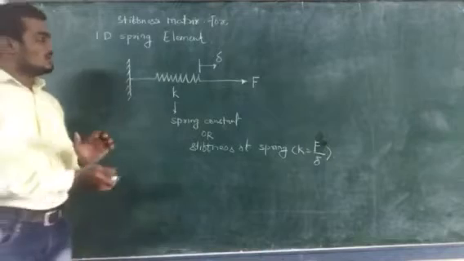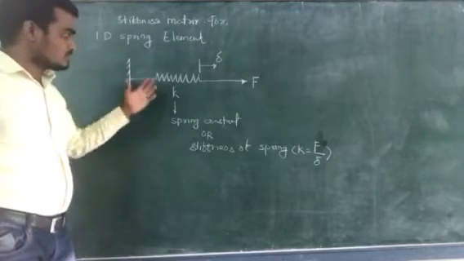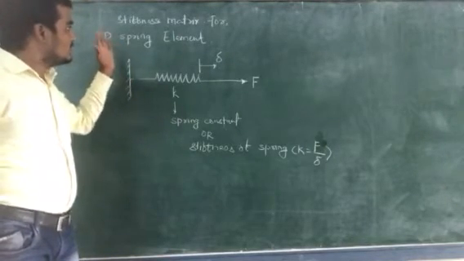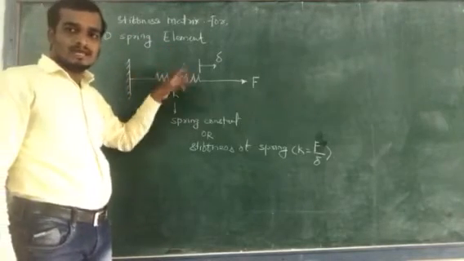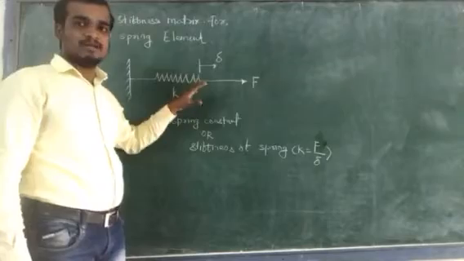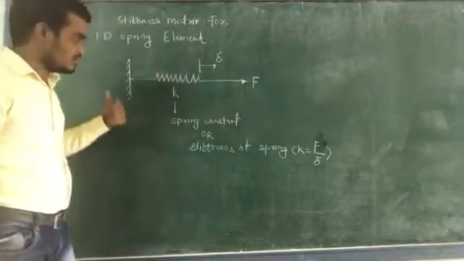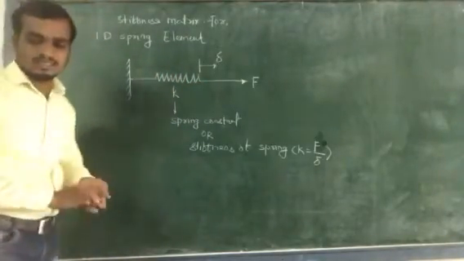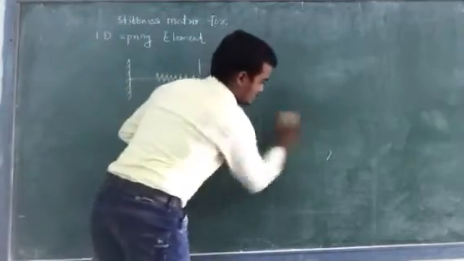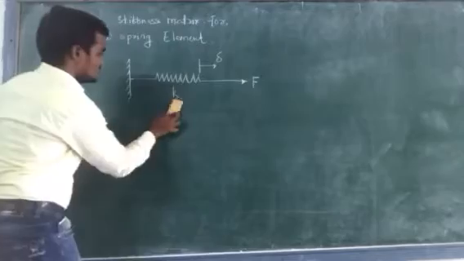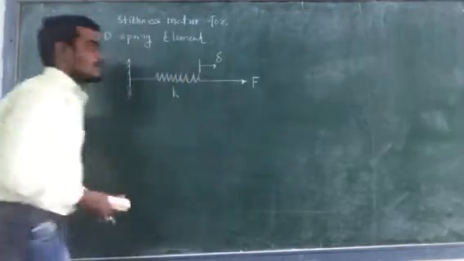Now we will derive the stiffness matrix for the one-dimensional spring element in a similar way as we derived it for the one-dimensional bar element.